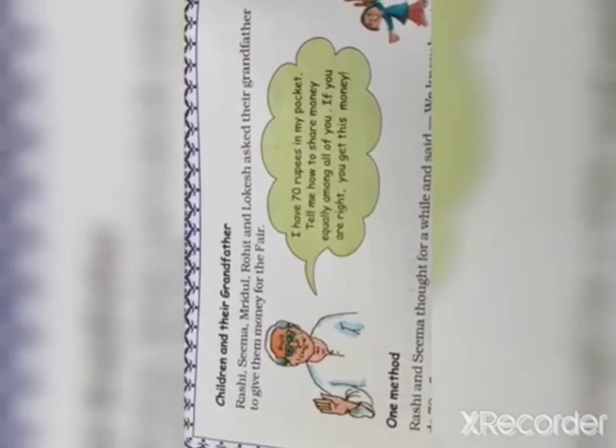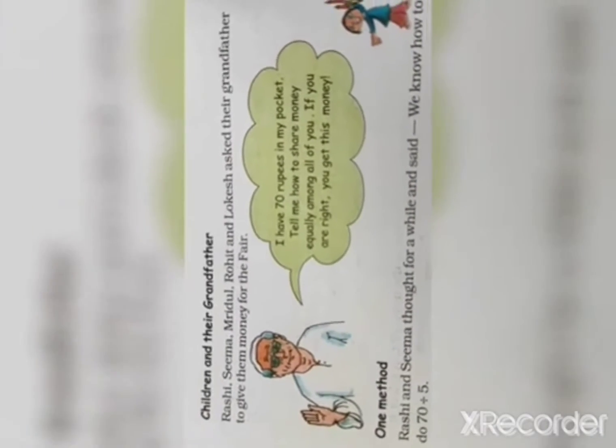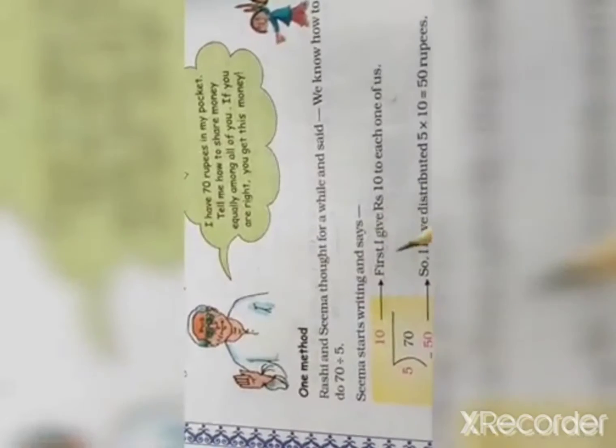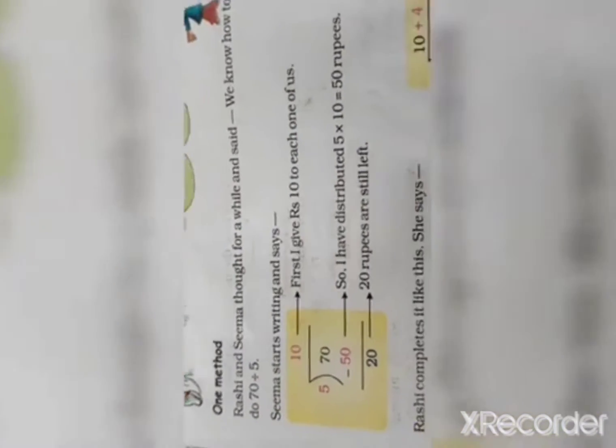So each child will get 70 divided by 5, because they both are intelligent. So Seema starts writing and says, "First, I give rupees 10 to each one of us. So I have distributed 5 tens are 50 rupees, 20 rupees are still left."